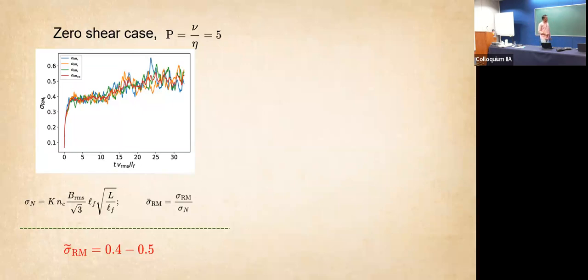This particular model is chosen because it gives the maximum RM value. With respect to that, the RMs that we get from the simulations are scaled, and for this zero shear case it comes out around 0.4 to 0.5, which means that the rotation measure is about 40 to 50% of the theoretical maximum value that is possible.